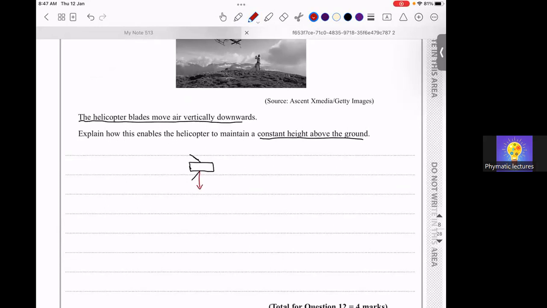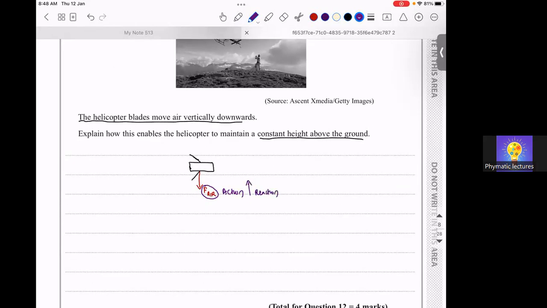So the force that is pushing the air is acting downwards. Due to that, according to Newton's third law, this is our action. Every action has an equal and opposite reaction. So this is our reaction.